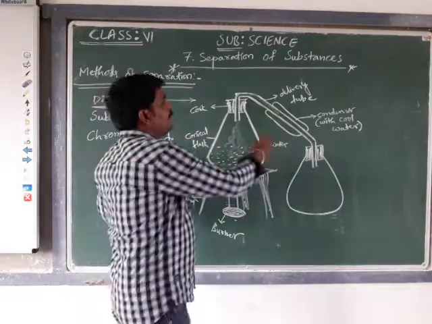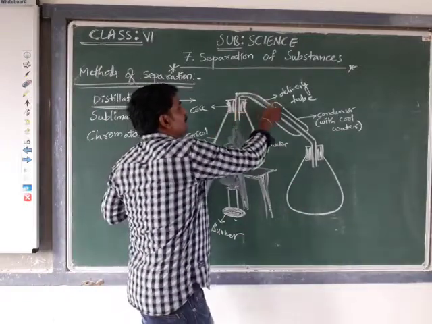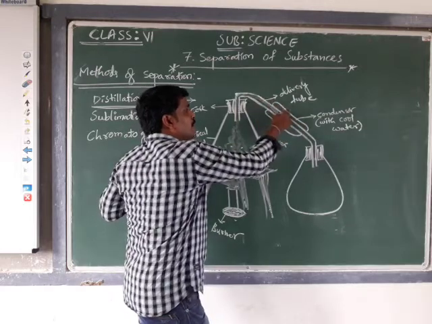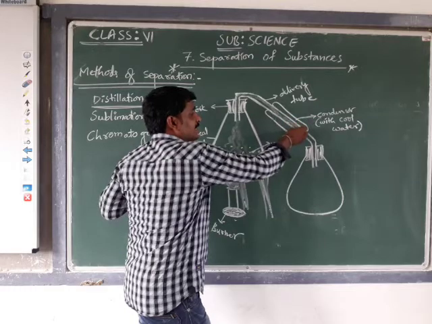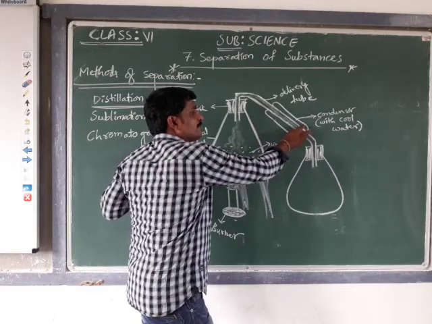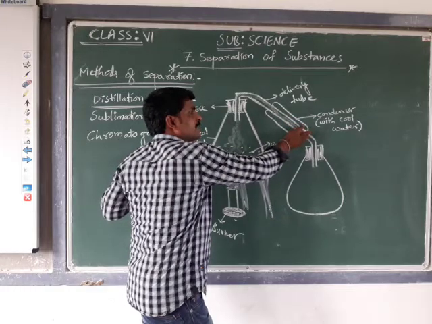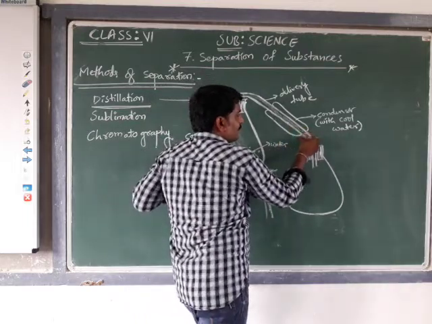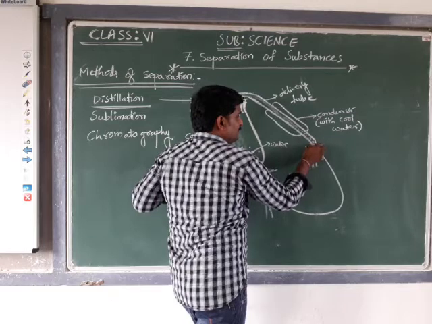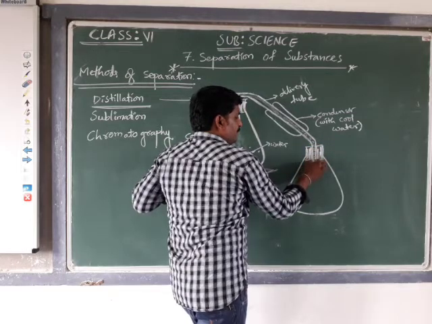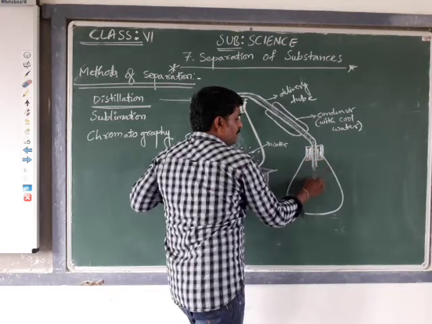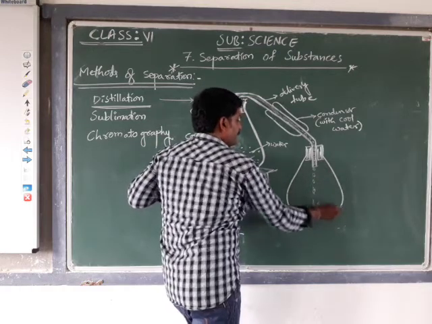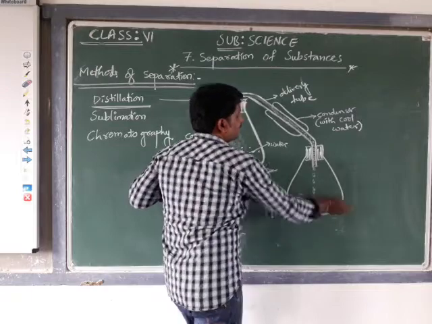The evaporated water vapor, after reaching the condenser, gets cooled. Due to the cool temperature, the water vapor is converted into water droplets and collected in the second beaker.